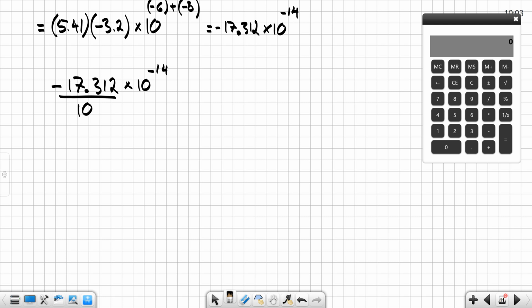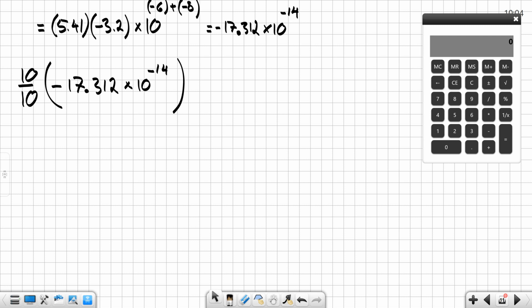But since I have divided this whole expression by 10, I also have to multiply it by 10. Look, what I really did, maybe let me just write it like this. I took this number and I multiplied by 10 over 10. 10 over 10 is nothing else but the number 1. So this multiplication doesn't change anything.